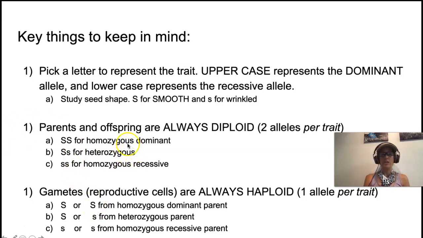But this heterozygous parent, their gametes could be a dominant capital S allele or a recessive lowercase s. And then likewise, a homozygous recessive individual, they'd undergo meiosis, they would produce the cells, but they're genetically going to be all carrying that lowercase recessive allele.